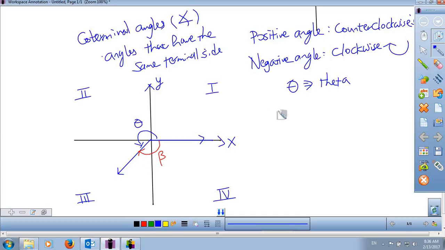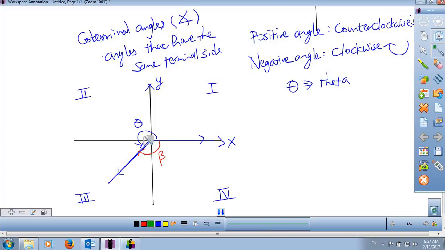Let me show you an example. If I have another angle, and I rotate like this, one rotation, two rotations, three rotations, and then I stop at the same place, it will be different than theta because I would have rotated 3 extra rotations.